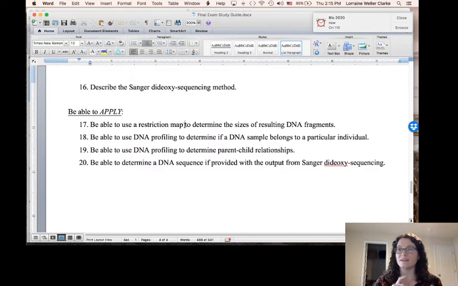So one of the key things that's part of the calculations for this is that if you have a plasmid that you know the length of, you'll be able to tell, if you have complete digestion, how long each one of the fragments is. You'll either be able to tell me exactly the length, or seeing the length, you'll be able to tell me which restriction enzymes were used, if you know where the restriction enzyme sites are on the plasmid.